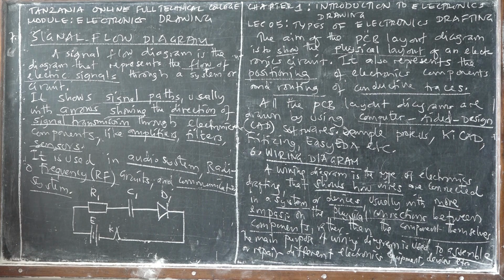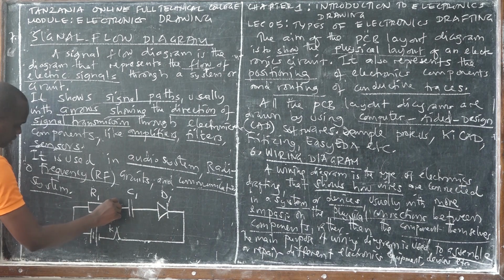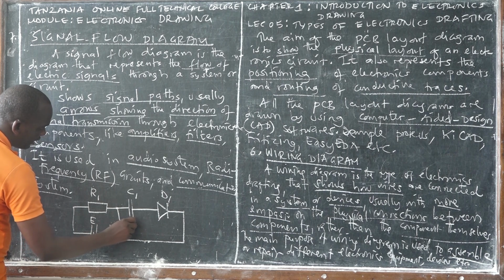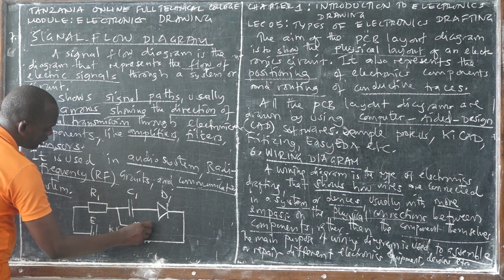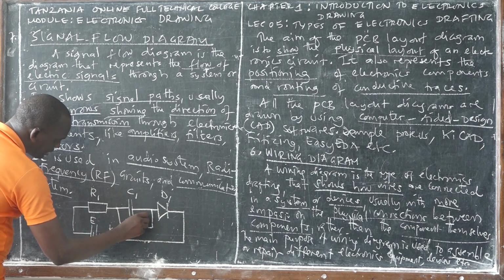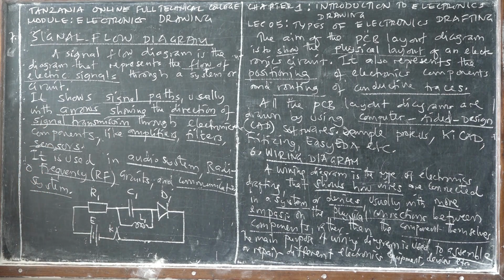Then we have to think about how the signal will flow from one component to another. You may have another route. This is the junction. And here you say that, okay, I'll be connecting an inductor with self-inductance of L1.